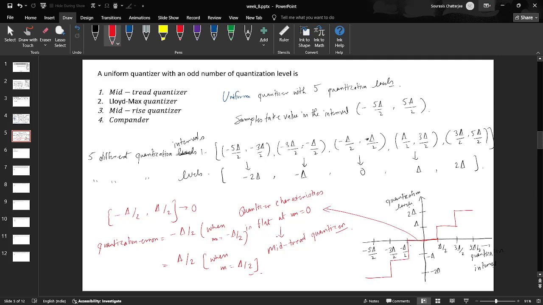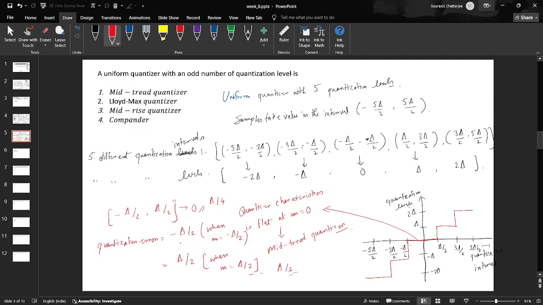So you can see that quantization comes with a price, and we quantify this price as the quantization error. That is also the reason we pick the midpoint here. If we don't pick the midpoint, let's say instead of 0 I pick delta over 4, what will happen? For when m takes value delta over 2, your quantization error will become less, delta over 4 here, because delta over 2 minus delta over 4 is delta over 4. Fine, my quantization error is less.